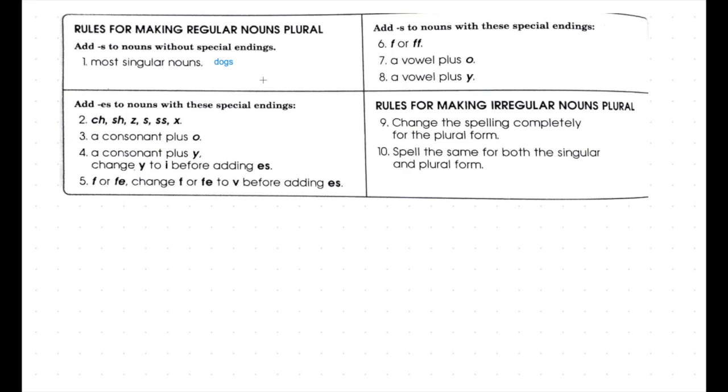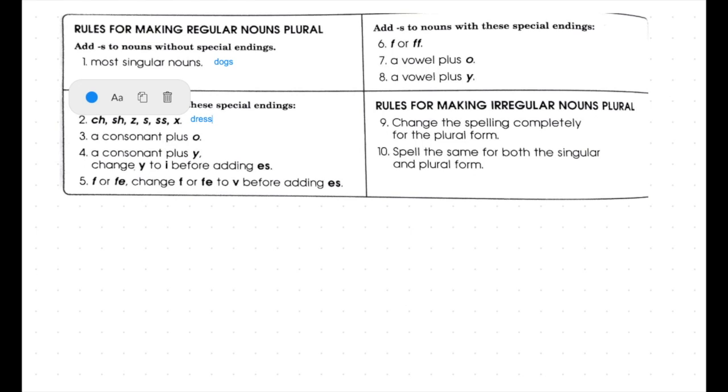So the next part says add ES to nouns with these special endings. So number 2, CH, SH, Z, S, SS, or X. If a word ends with any of these endings, you have to add ES, and it just makes sense because if we have a word like dress, do you see how it ends with 2 S's? We wouldn't want to just put an S at the end because then the word would be dress.